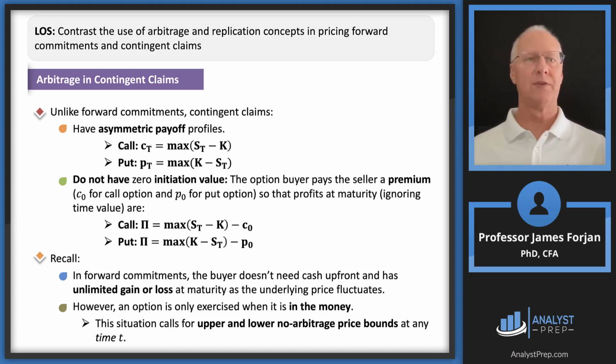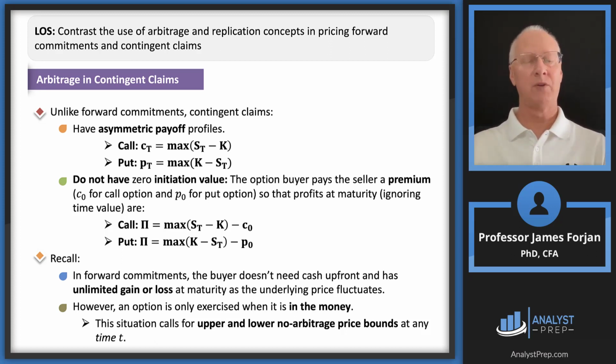Let's go ahead and move on to the next LOS. As you can imagine, this concept of arbitrage is going to play a super important role in the pricing of these contingent claims. We'll talk about replication in just a second. Let me start by reminding you that when we entered a forward contract or a futures contract, the value at initiation was 0, so no capital changed hands.